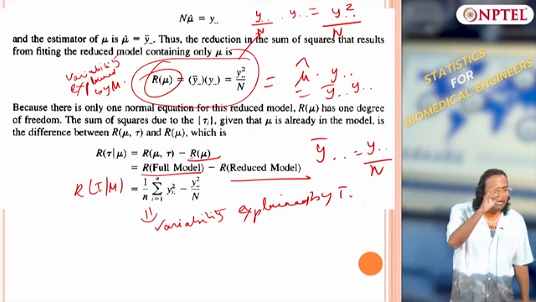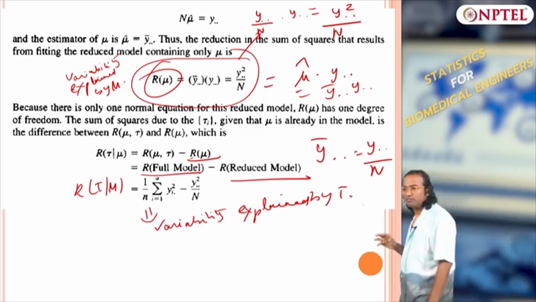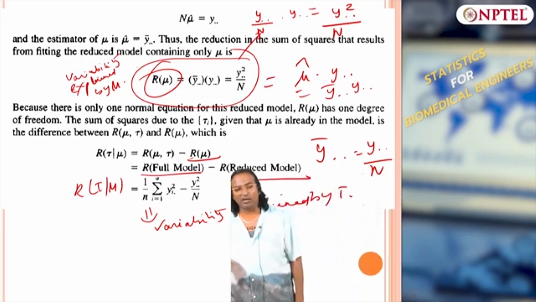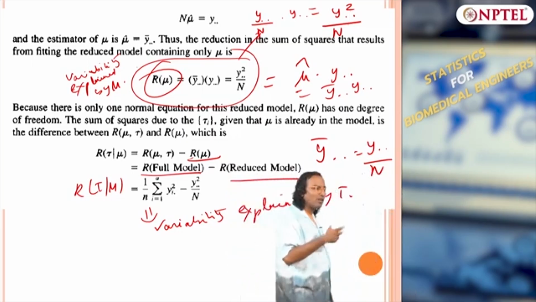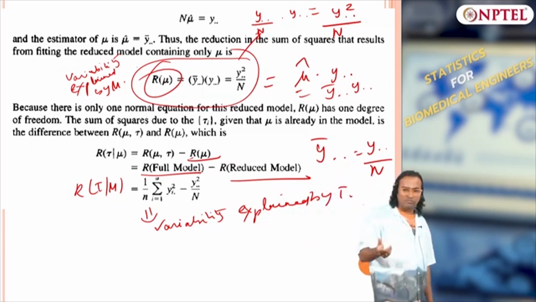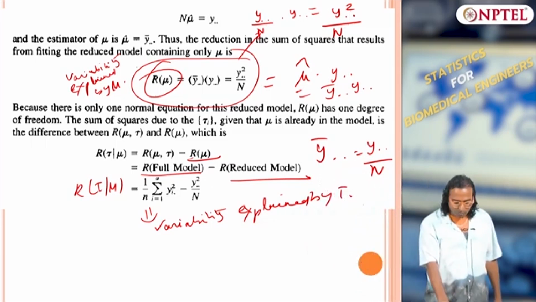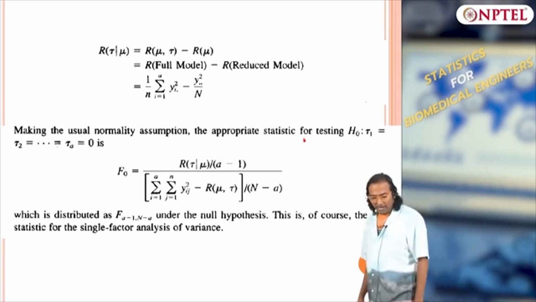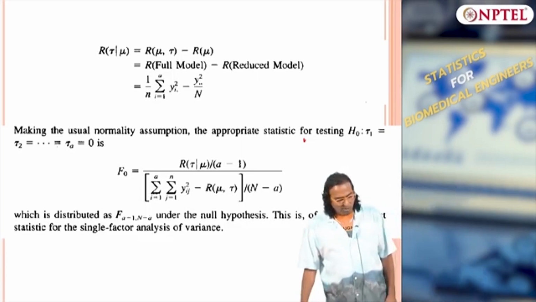So we have looked at individual variabilities explained, okay. Total variability explained R(mu, tau), then we know what R(mu) is, then we know R(tau given mu), that is the variability explained due to fitting tau i, right.